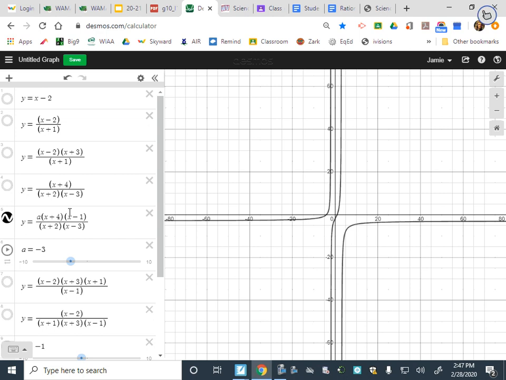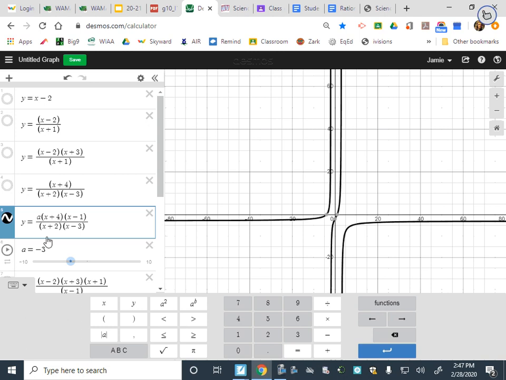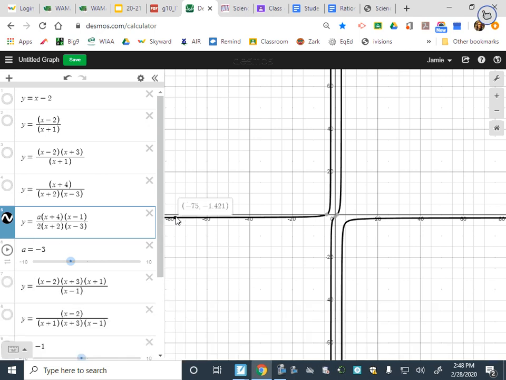But if the degree in the numerator is the same as the degree in the denominator, then we start comparing the numbers that are out in front of these. If I put a 2 here, so I now have a -3 over 2, well, the horizontal asymptote is now approaching -3/2. So if this thing was all multiplied out, if I did the x plus 4 times the x minus 1, it would start with an x squared, right?